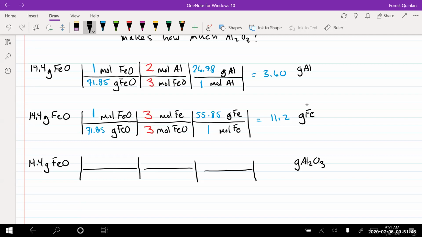Once again, looking at the units, grams of FeO on top, better cancel grams of FeO on the bottom and convert that to moles of FeO. Cancel out the moles of FeO, put them on the bottom. Let's go to moles of Al2O3. And once again, cancel out moles of Al2O3 on the bottom and turn that into grams of Al2O3.